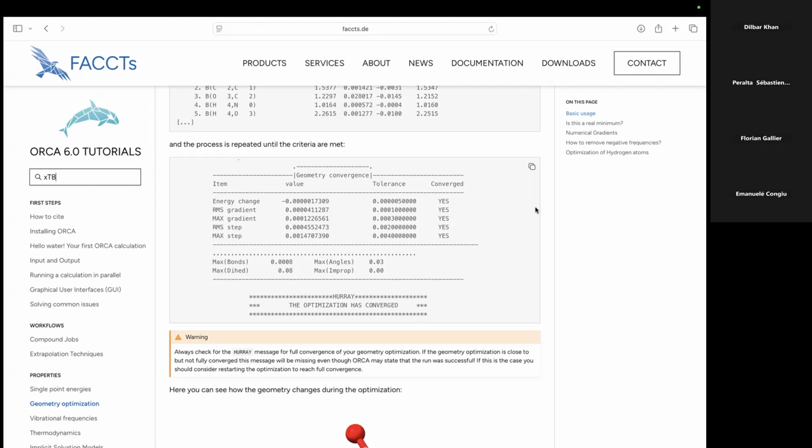Optimization hydrogens true. I want to look into the manual to answer this question. Probably it is about making only hydrogen atoms optimize. Okay, I will get back to you. I want to check the manual.